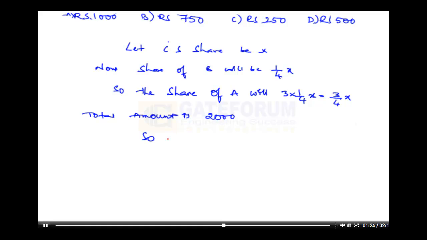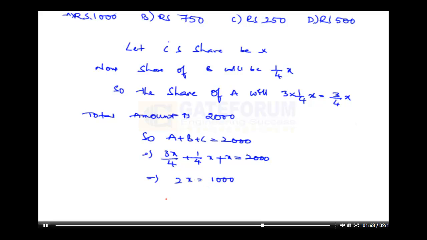So A plus B plus C is 2000. Nothing but A's share is 3x/4 plus B's share is 1/4 x plus C's share is x, nothing but 2x. So 2x is 2000, so x is equal to 1000.